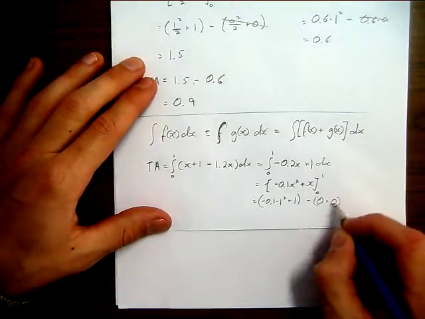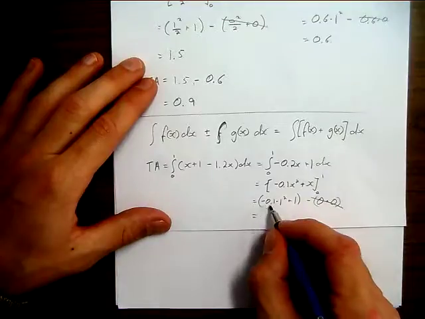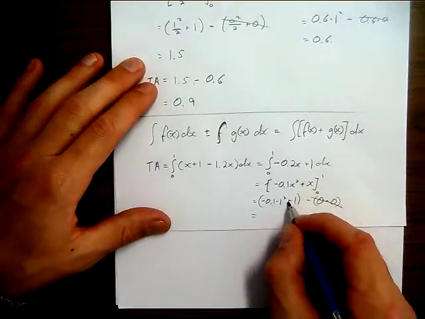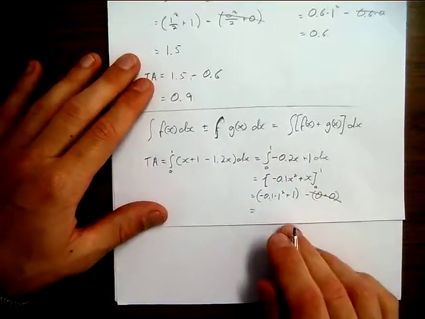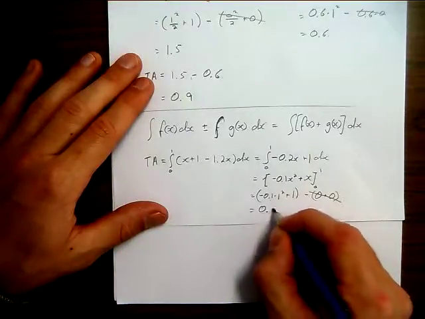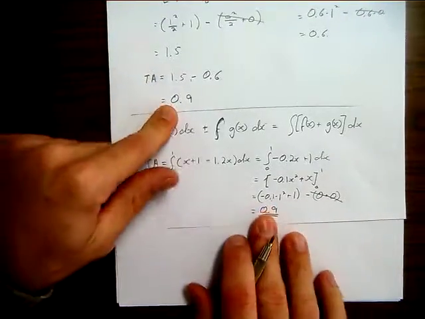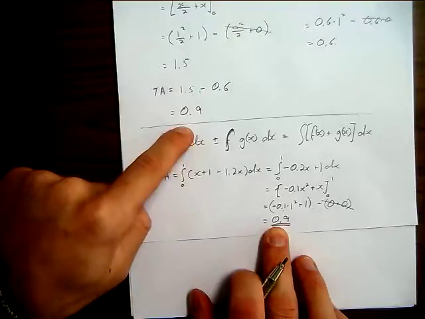So that's nothing. So that's negative 0.1 plus 1, which is 0.9. So we get the same area that we were expecting.